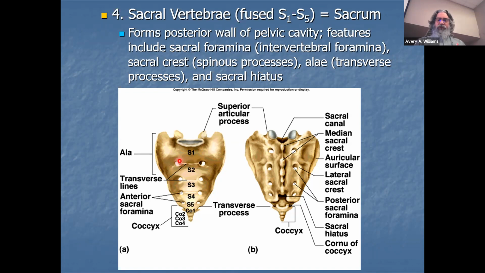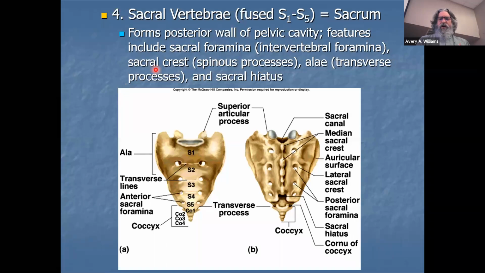So you see all these holes. There's like 4 pairs, 1, 2, 3, 4. Basically, the sacral foramina are the intervertebral foramen. You remember all the other vertebrae have intervertebral foramen. Remember I told you where they come together and form a hole? Well, here they come together and they fuse, but they keep the openings. These are where sacral spinal nerves would emerge, okay?